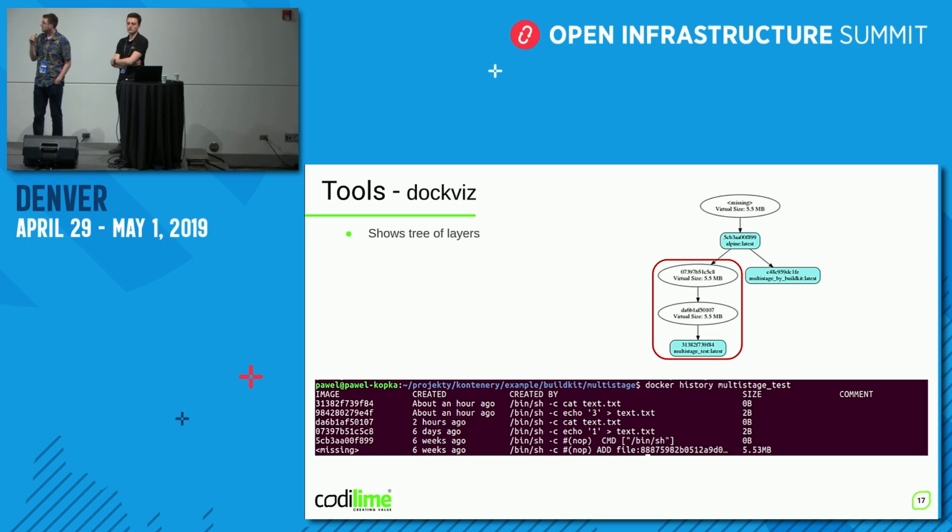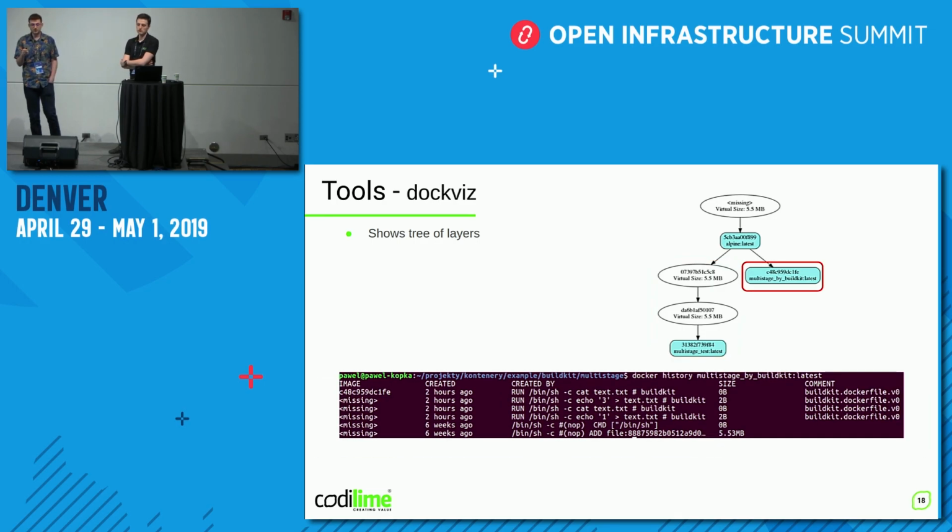This image was built by just docker build, and on the right branch you have the image that was built by BuildKit. So you see the difference between BuildKit and docker build. BuildKit squashes everything into one layer. If it's easy, probably for them, so it squashes it. And you don't have another layer, you don't lose storage performance.